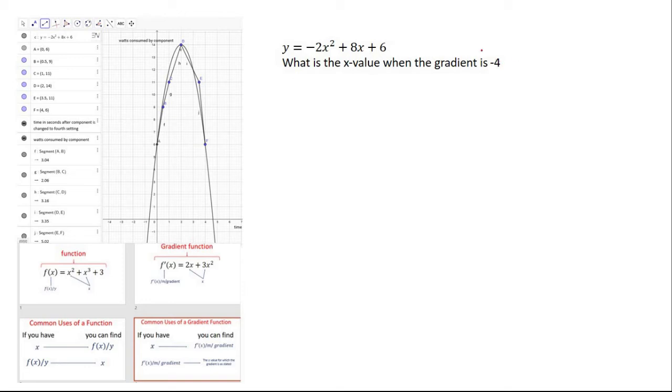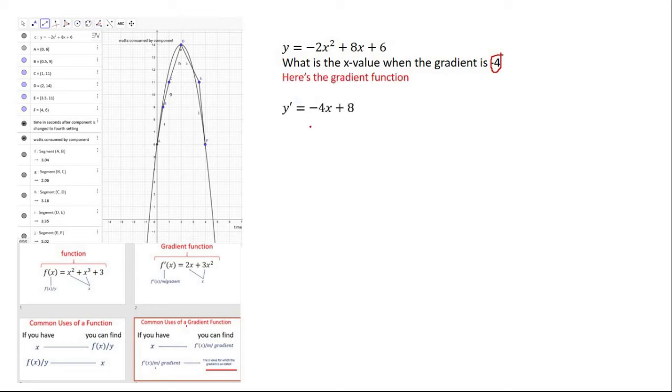If you put gradient equals negative 4, what we're saying is we want the x value when the gradient is negative 4. Well, we can find that if we put the gradient into the gradient function. I have the gradient, so now I just need a gradient function. To do that, I'm just going to differentiate.